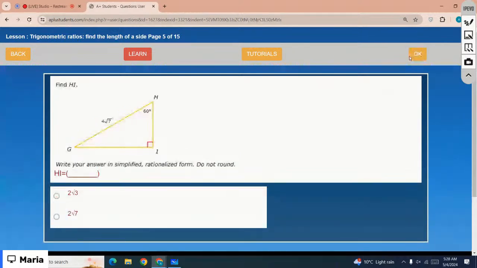Okay, the next one is find HI. So, which is the correct option?